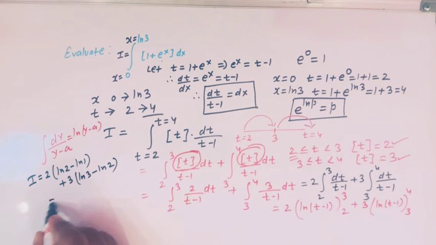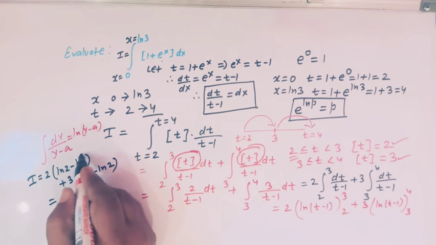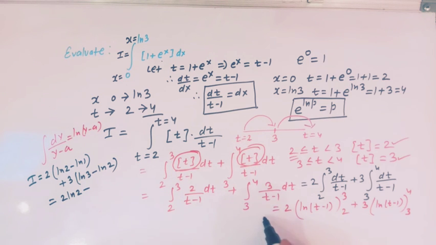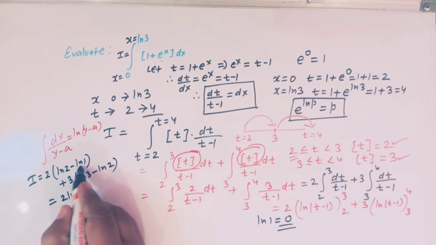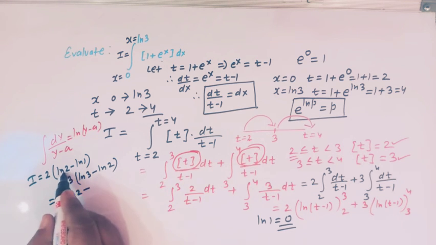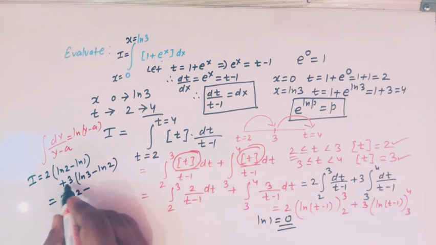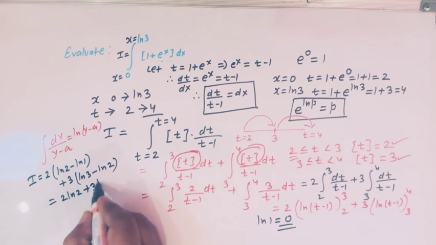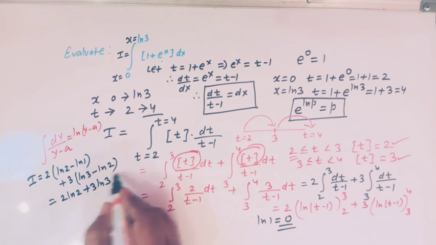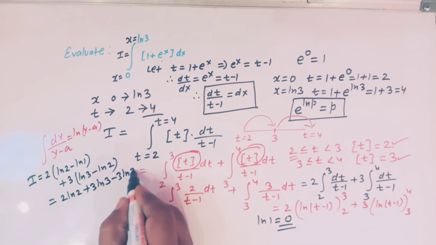Now we simplify: log of 1 is 0, so we omit that term, so we have 2 times log of 2, plus 3 times log of 3, minus 3 times log of 2.